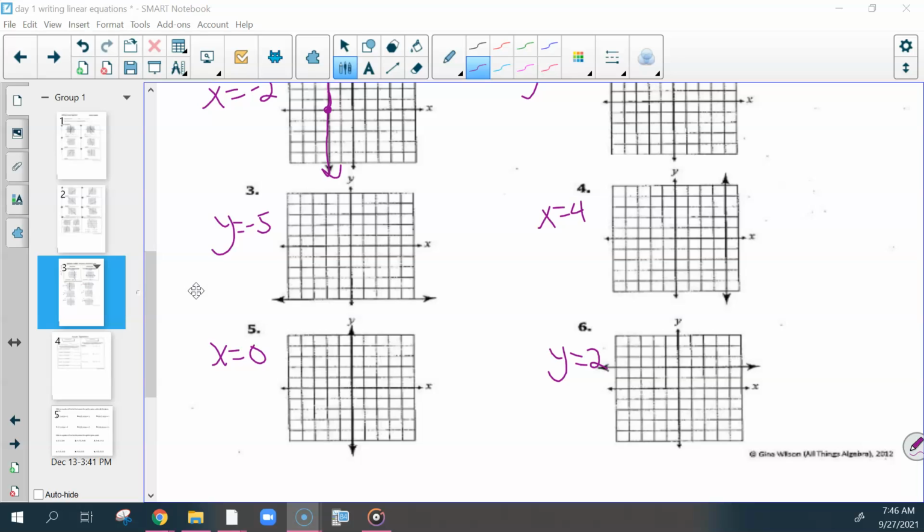Horizontal. It's on the y-axis, but it's x equals. Right, so -5, 4, 0, 2, y equals, x equals, y equals. What else? Moving on to the next.